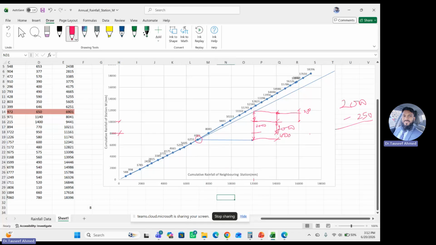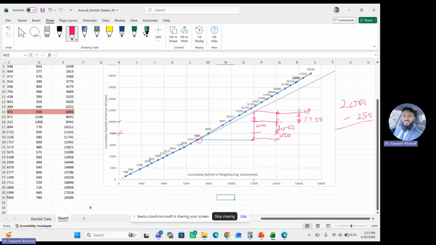2,000 minus 250, you will find almost 1,750. So I can say this value from here to here is 1,750.